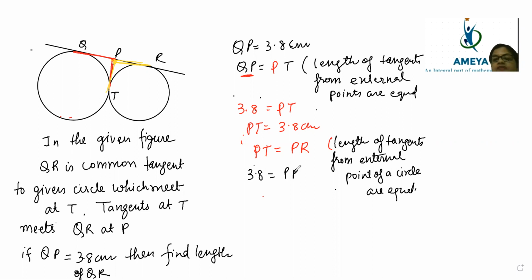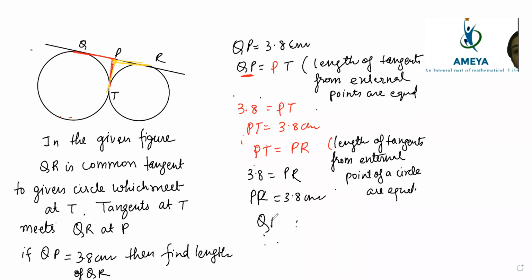So Pavitra has given the answer 7.6. Saranya also gave 7.6. So let's see. Kritika also gave 7.6 centimeter. So PR is equal to 3.8 centimeter.